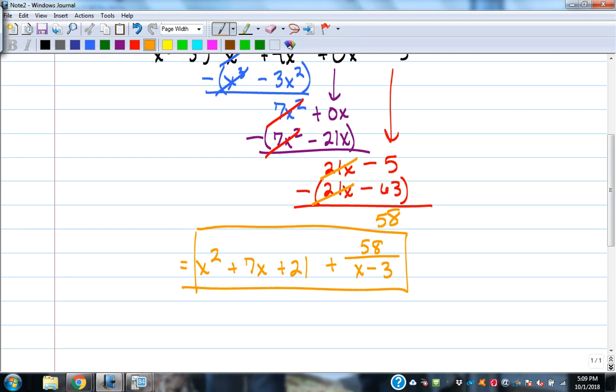This is our quotient. This is our remainder. The remainder is very important, because when it's 0, that means something special is happening. Okay? Doesn't mean it has to be 0. It just means when it is 0, special things are happening. We always write it with the remainder over what we divided by.